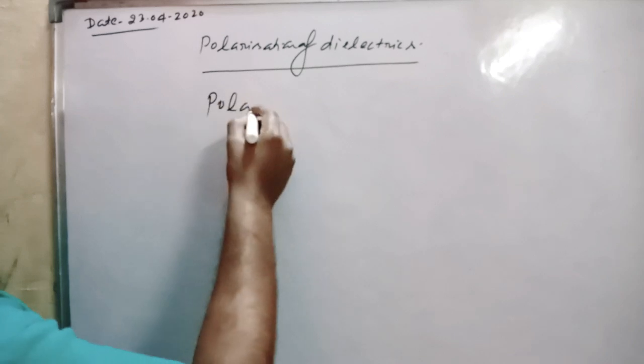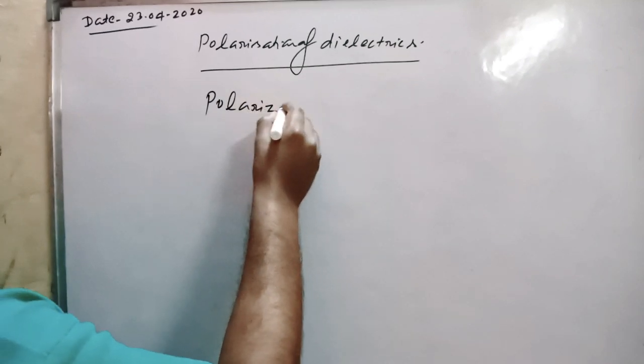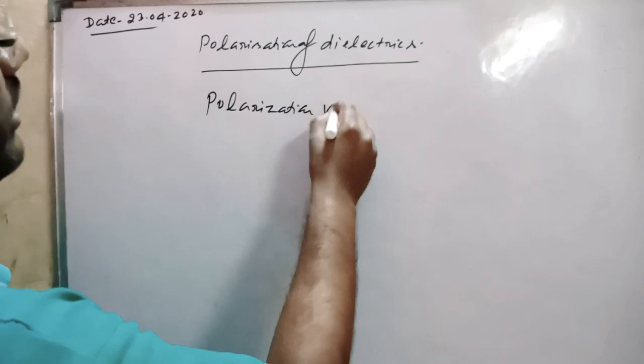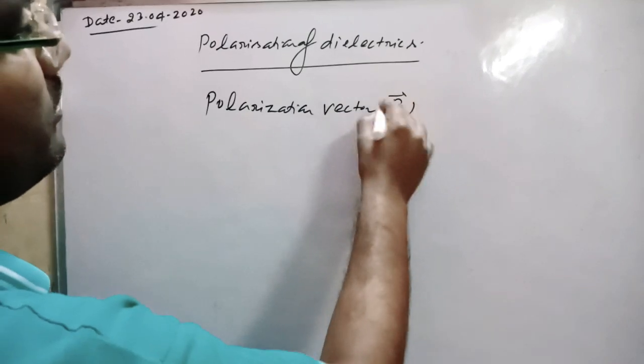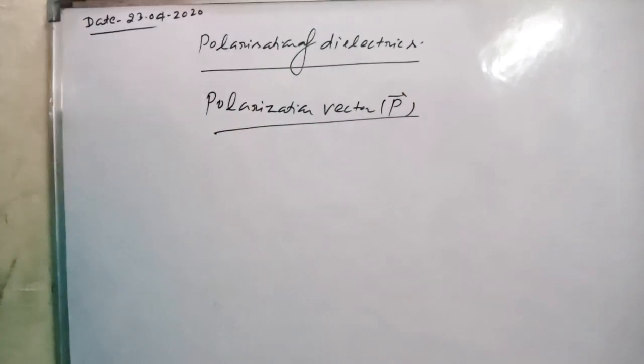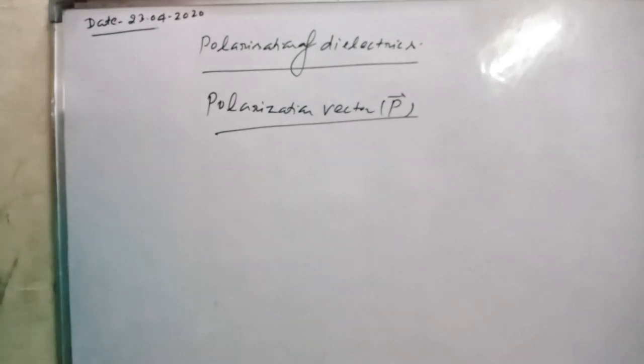The second one is the polarization vector, capital P. The polarization vector is defined as the induced dipole moment per unit volume of the dielectric substance.